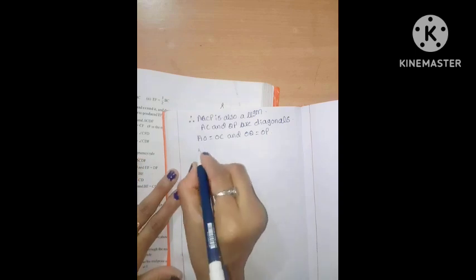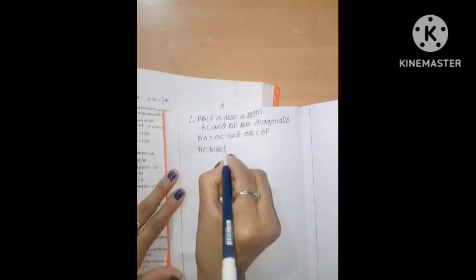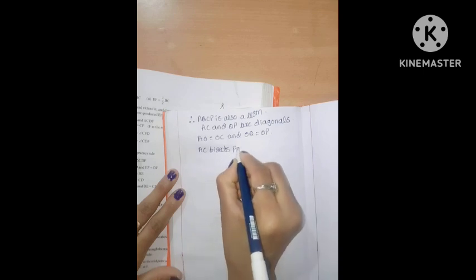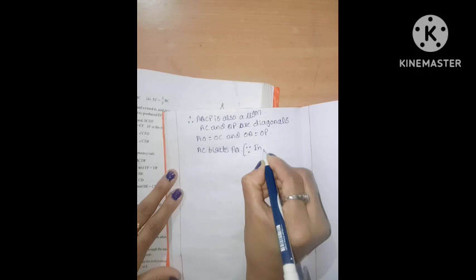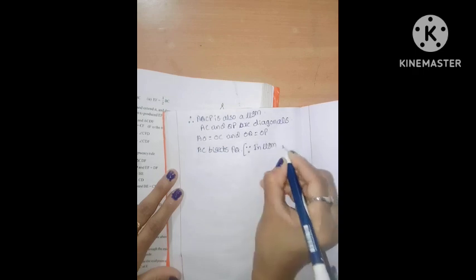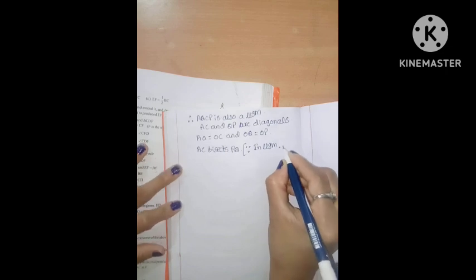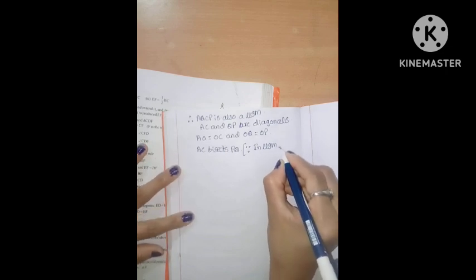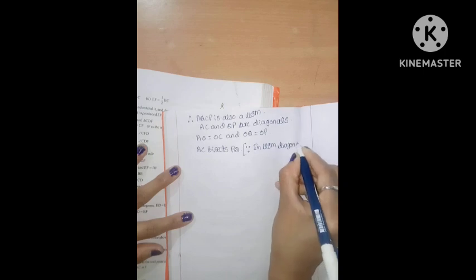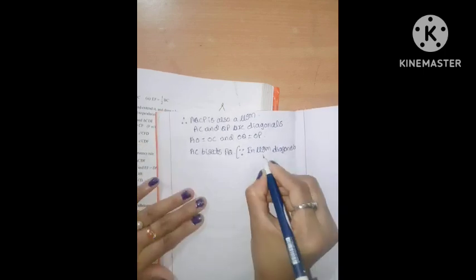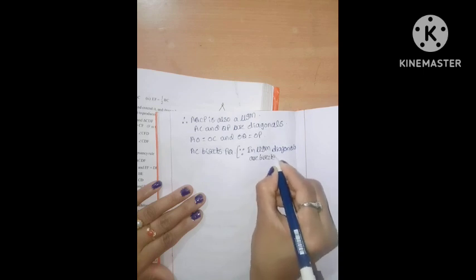So AC bisects PQ. Why does it bisect PQ? In a parallelogram, AC bisects PQ. In a parallelogram, diagonals bisect each other.